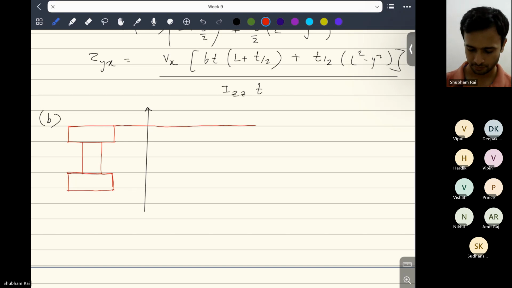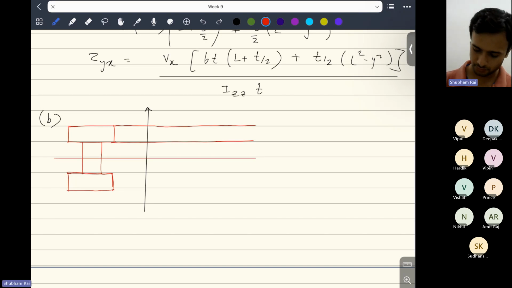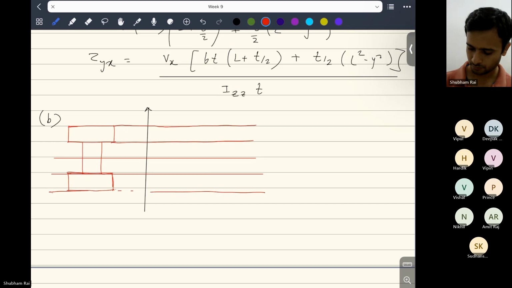Third is this one. Fourth is this one. Let's say these are parallel lines.